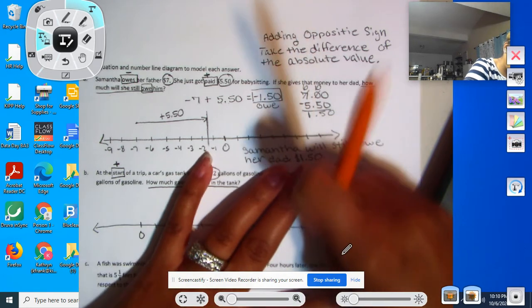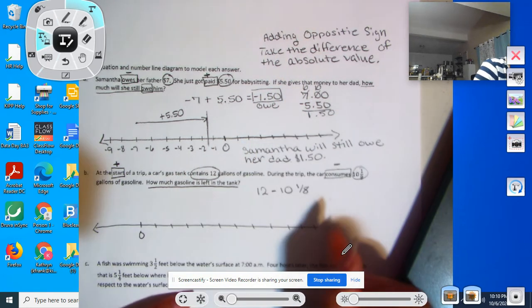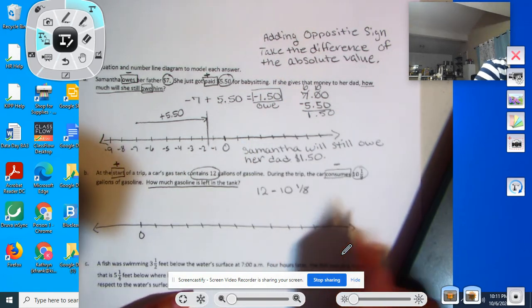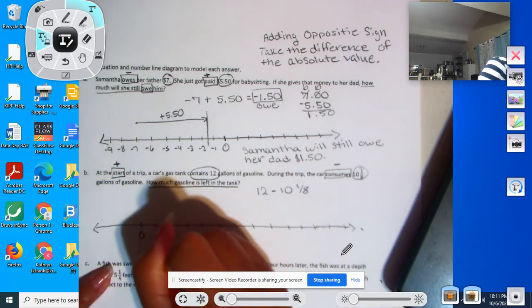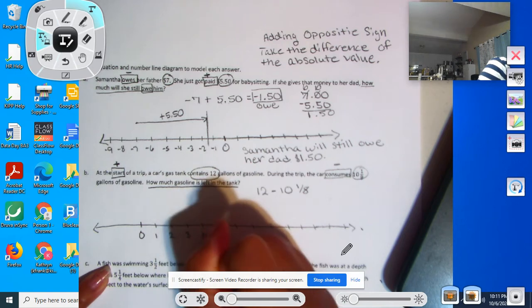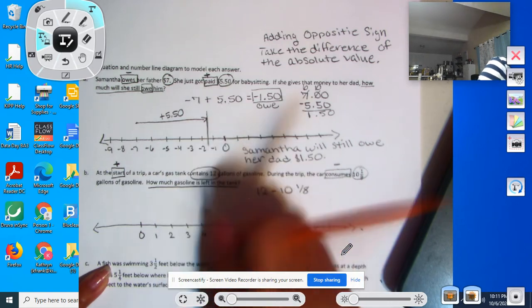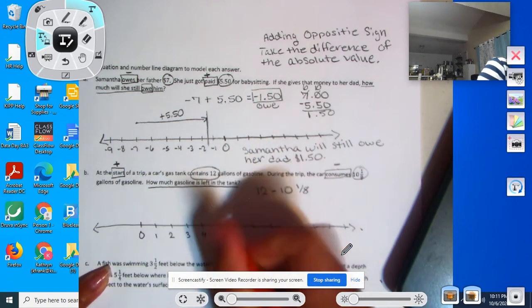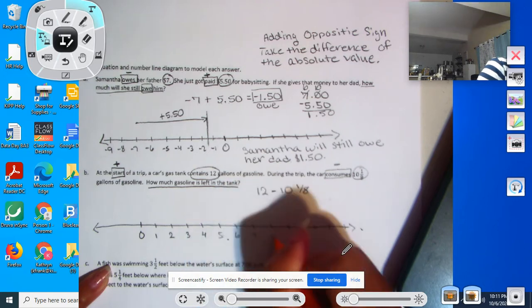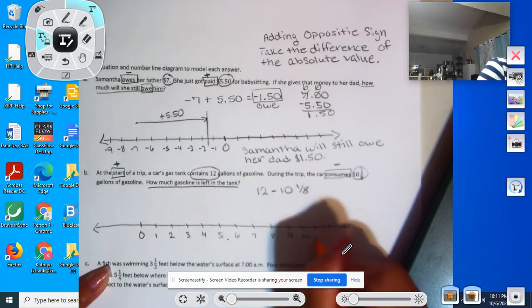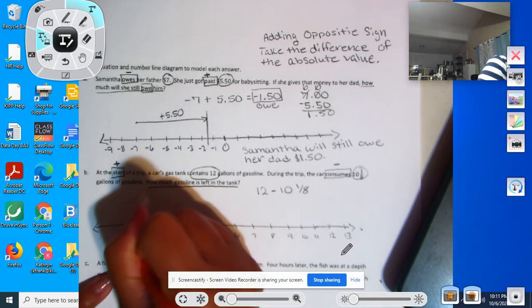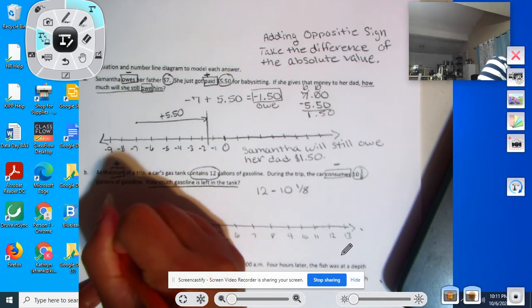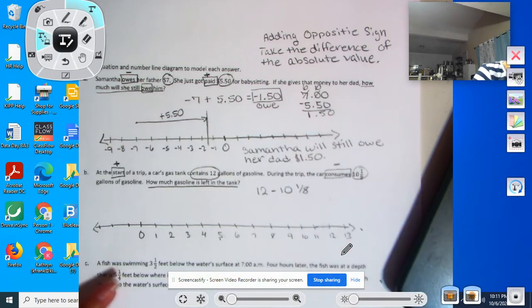Oops, let's go a little bit further out. Make it long enough so we don't have it crowded. There we go. And let's label: 5, 6, 7, 8, 9, 10, 11, 12, 13. And of course, we could go back here and put negatives if we needed to.